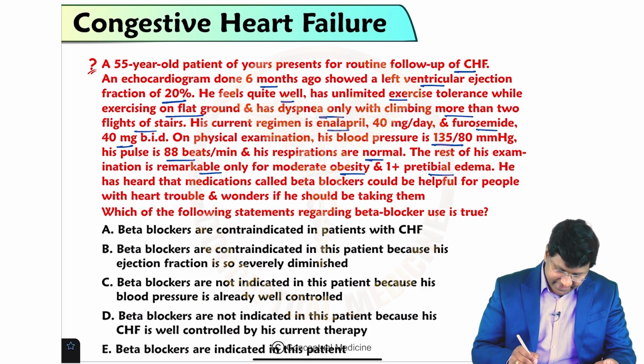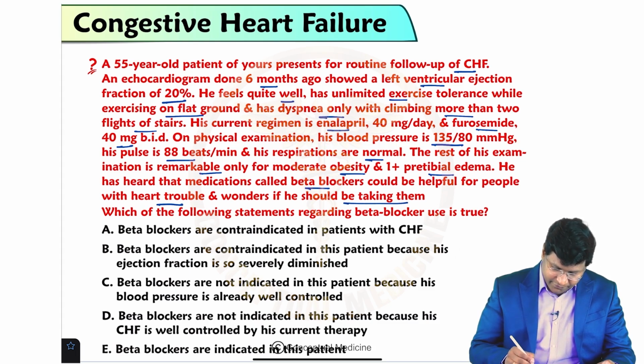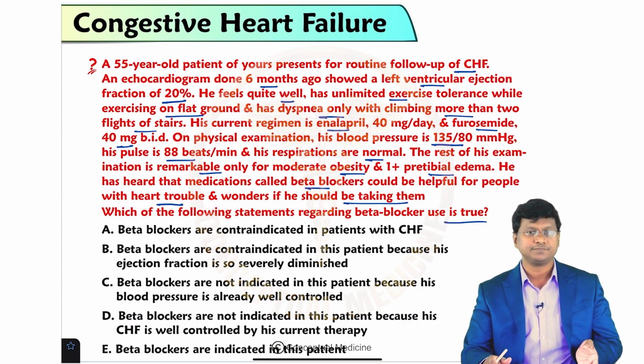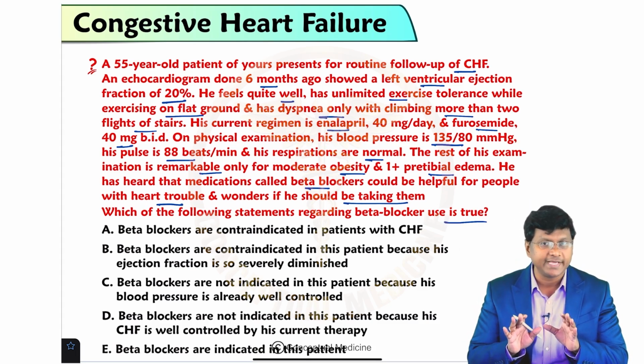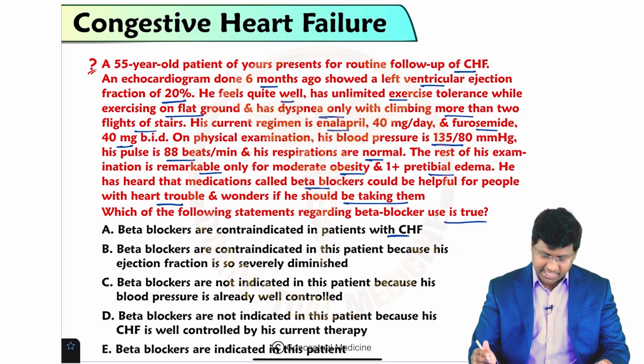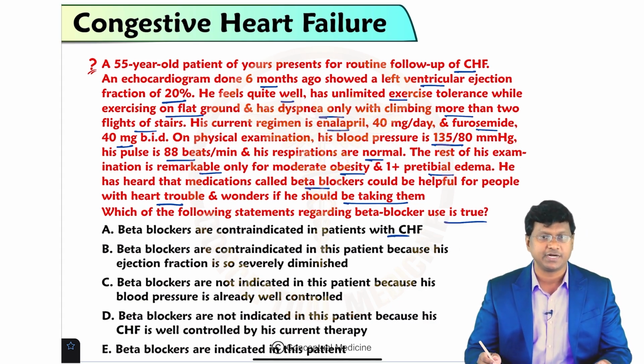He has heard that medications called beta blockers could be helpful for people with heart trouble and wonders if he should be taking them. Which of the following statements regarding beta blocker use is true? So basically the question is about the beta blockers. First option, beta blockers are contraindicated in patients with congestive heart failure.